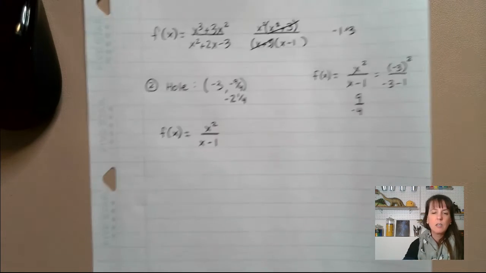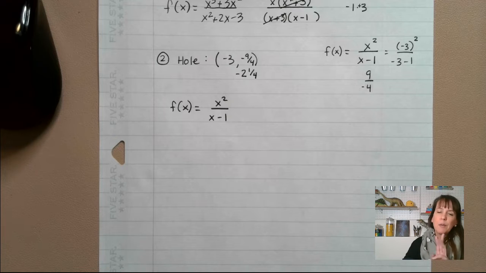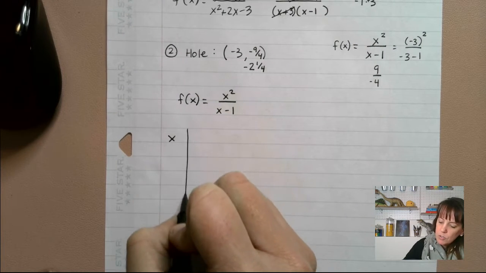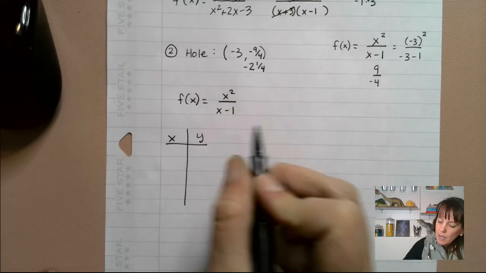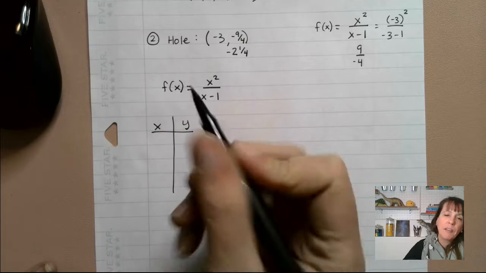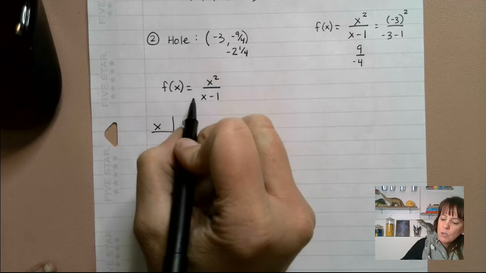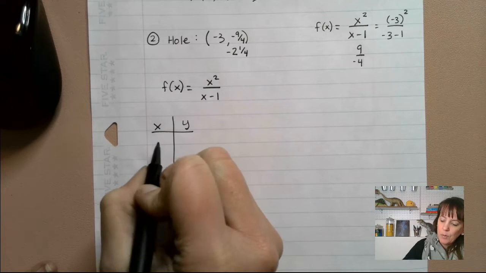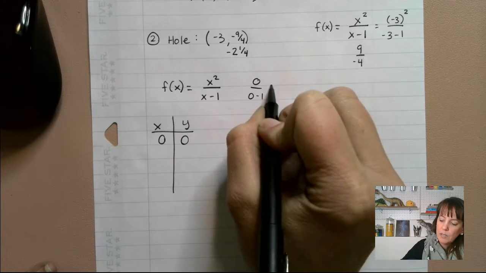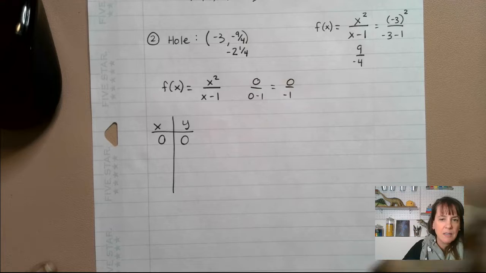All right, that was number 2, find your holes. Number 3 is to find our x and y intercepts. I'm going to just start an xy chart here. First things first, I'm going to say x, and f of x, fancy way of saying y. So if I plug in 0 for x, I get 0 out because I would have 0 over 0 minus 1, which gives me 0 over -1, which doesn't even matter what I have on the bottom.